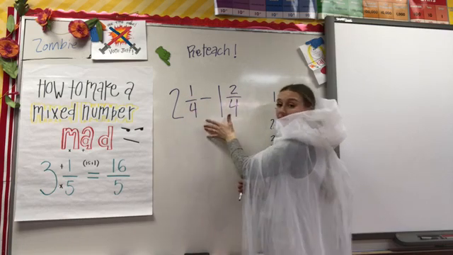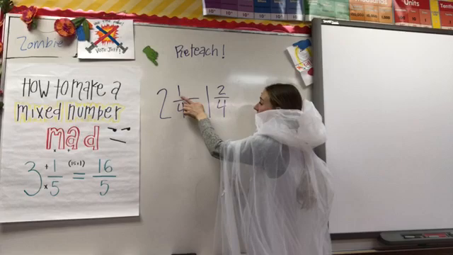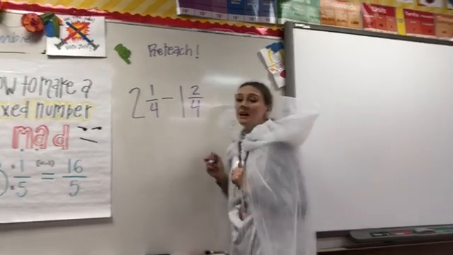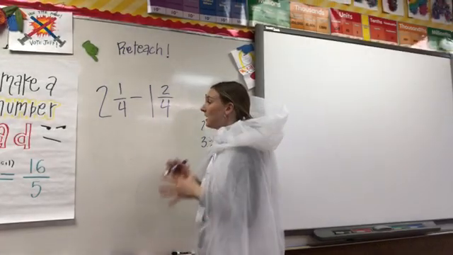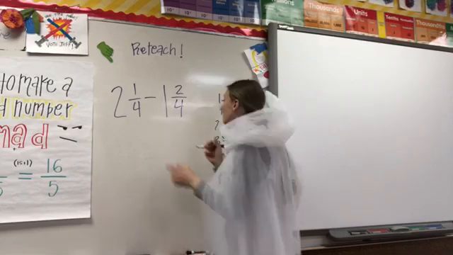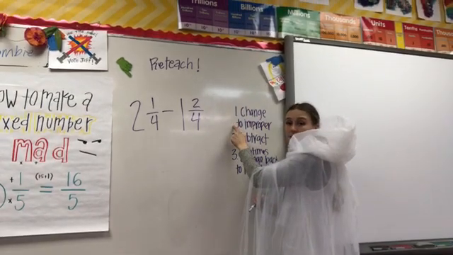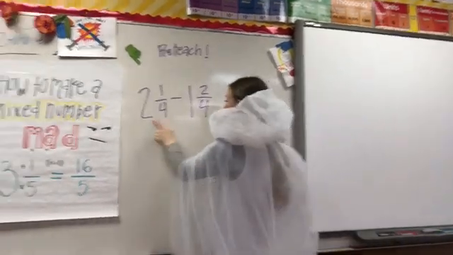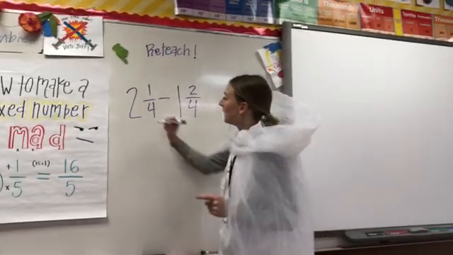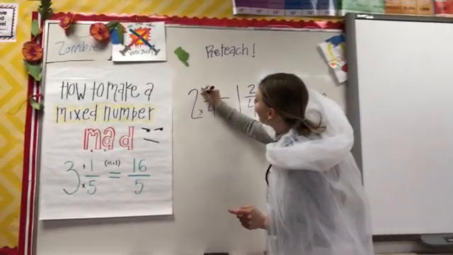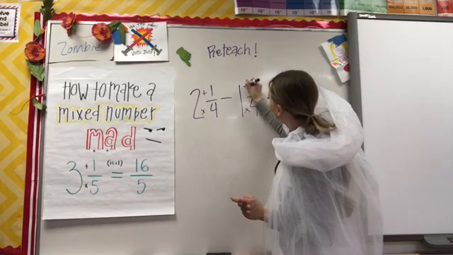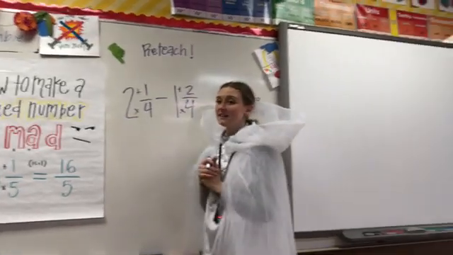Whenever you can't take 2 away from 1, then we need to change them into improper fractions. So step 1, change both of our numbers to improper. To do that, we times and add.